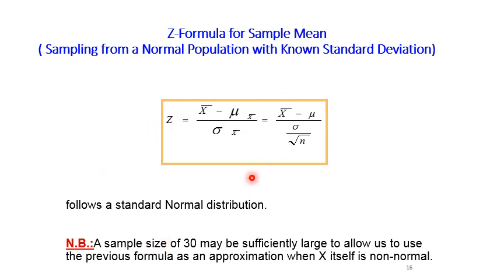And as we can see, this formula depends on sigma. Sigma is the population standard deviation. So this formula is not applicable if the population standard deviation is not known, and we will see in other sections of this course how we can deal with this if the population standard deviation is not known.